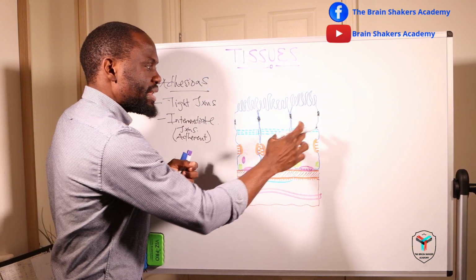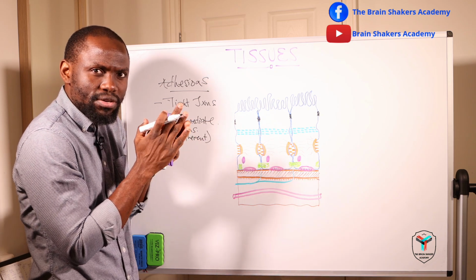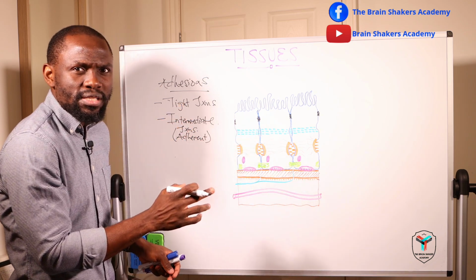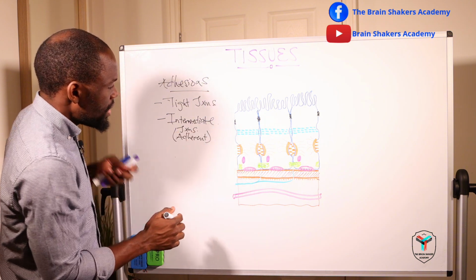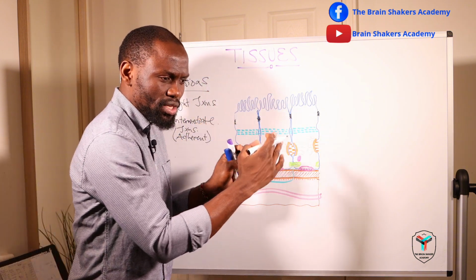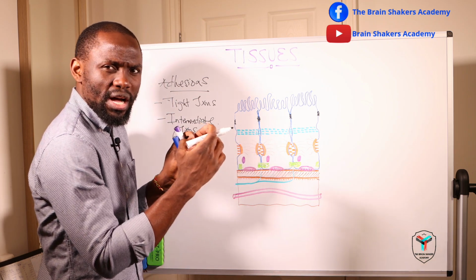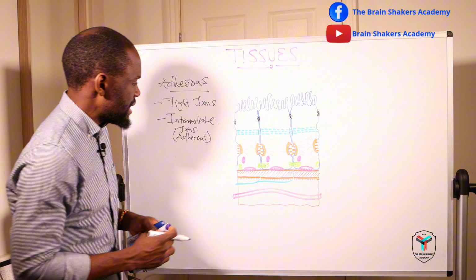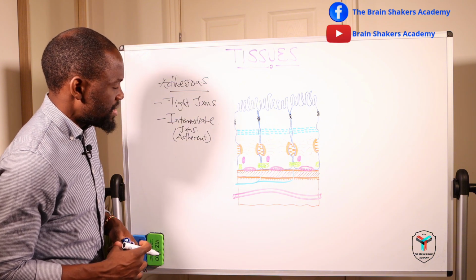It forms more or less like a belt to hold the cells together. And as it is holding these cells together, even if any pressure is applied, the cells will have support from each other because of that belt that is well formed around that region.